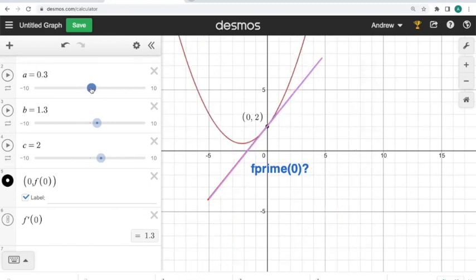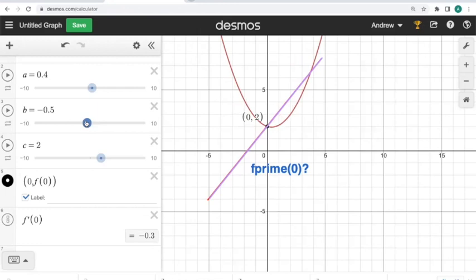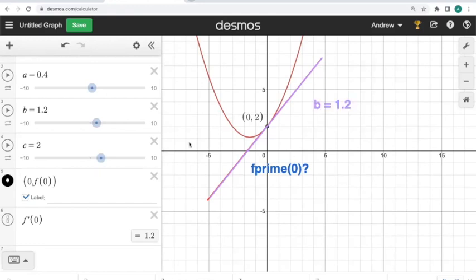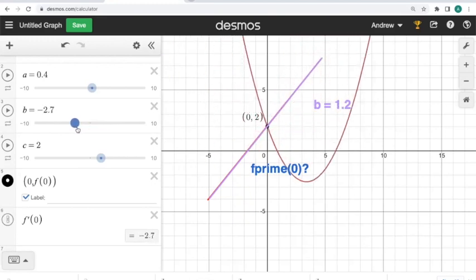Other properties change, but the slope at 0 is not changed by A at all. What about B? My purple here is when B is equal to 1.2. But if I slide B forward to a different value, or backward to a negative value, I get a very different tangent line.